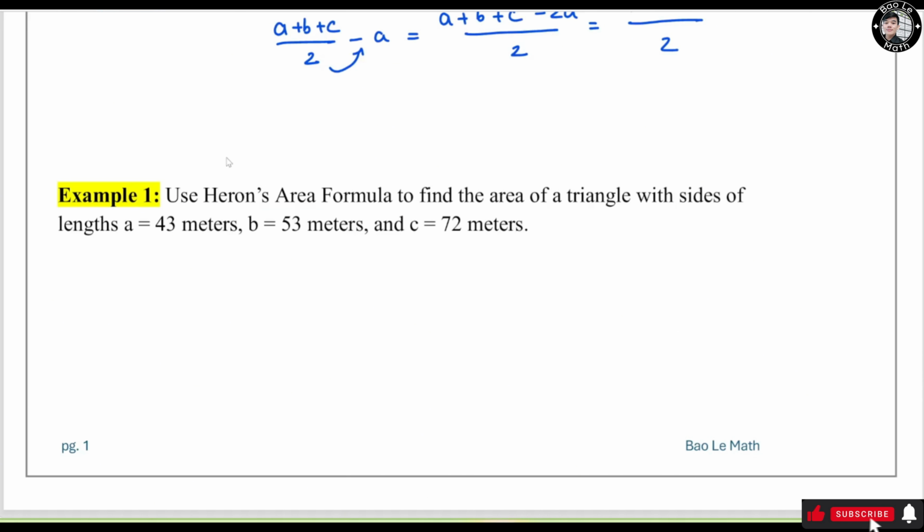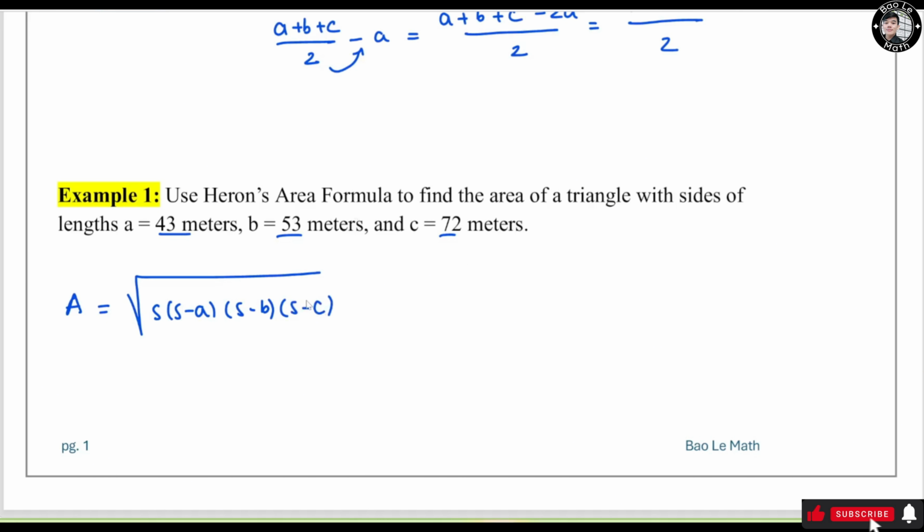Now, proving the formula is complicated, but if you apply the formula to a problem, it's very simple. Given a triangle with side a equals 43, b equals 53, and c equals 72, the area is the square root of s times (s minus a) times (s minus b) times (s minus c).